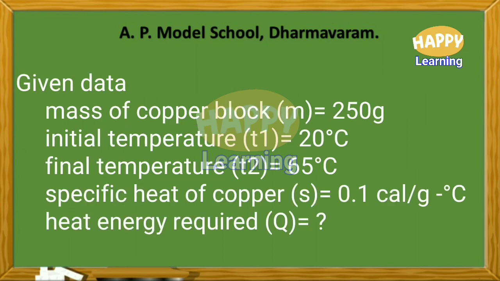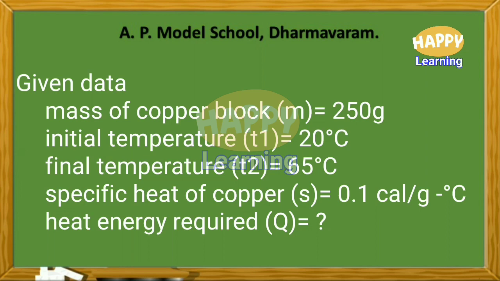Given data. Mass of copper block M is equal to 250 grams. Initial temperature T1 is equal to 20 degrees Celsius. Final temperature T2 is equal to 65 degrees Celsius.